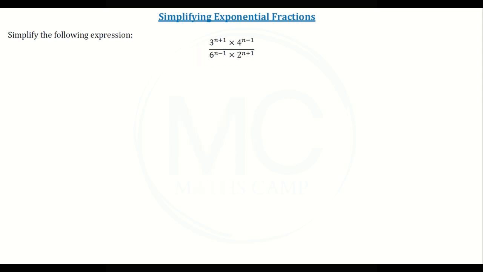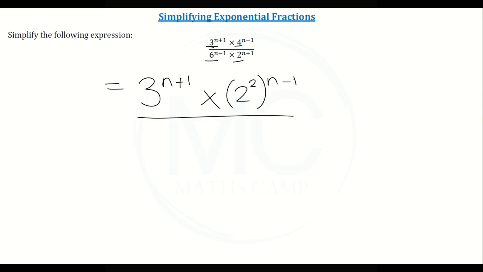3 to the power of n plus 1 multiplied by 4 to the power of n minus 1, all over 6 to the power of n minus 1 multiplied by 2 to the power of n plus 1. Our bases are not the same. So let's start by finding our prime bases. We've got 3, which is a prime. I can say 3 to the power of n plus 1 multiplied by 4, which we know is 2 squared. So I can say 2 squared to the power of n minus 1, all over 6 to the power of n minus 1.